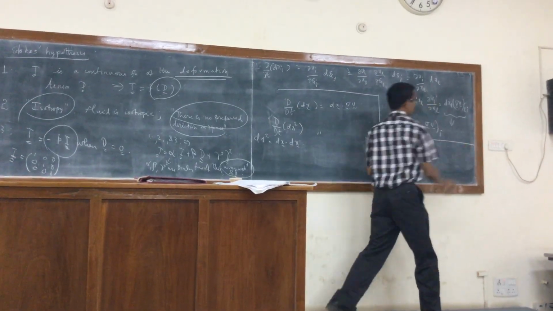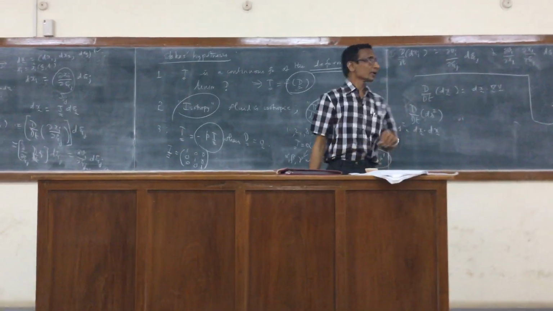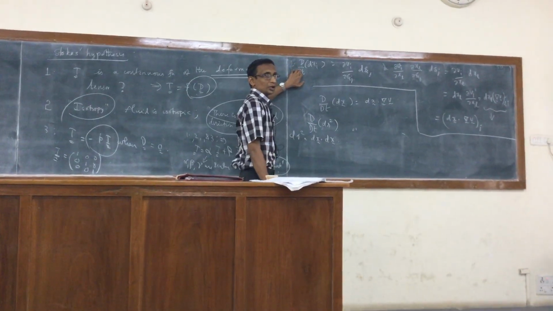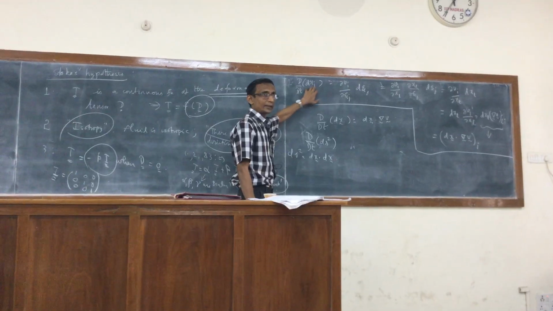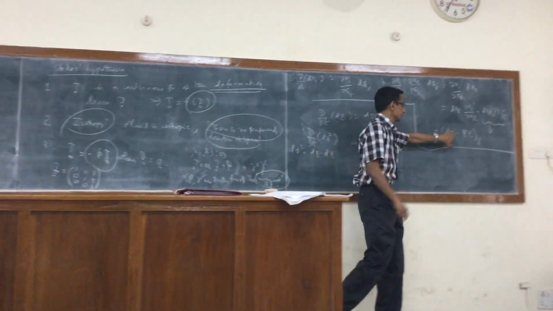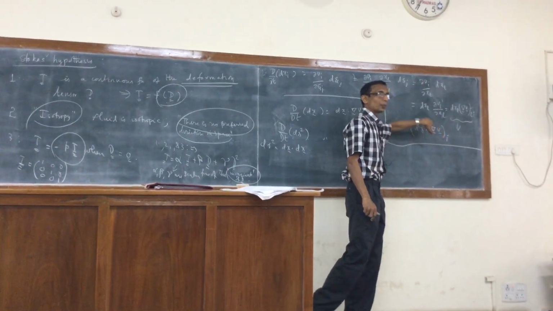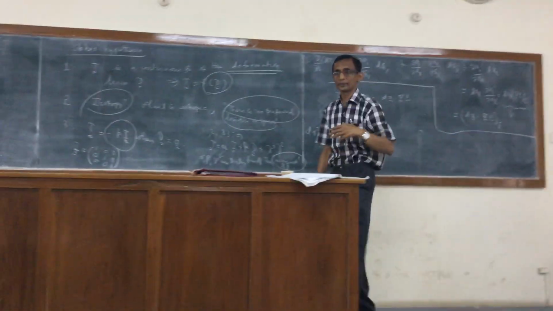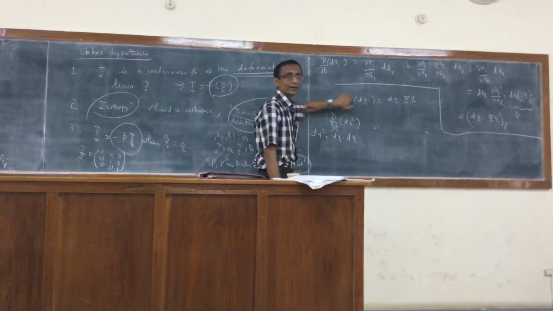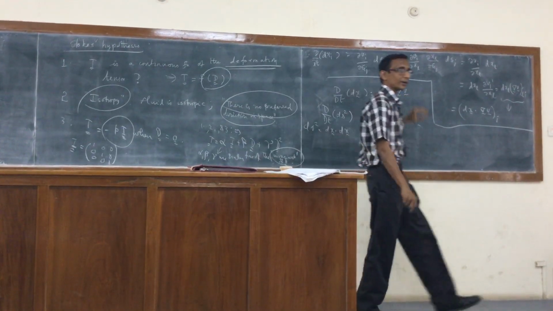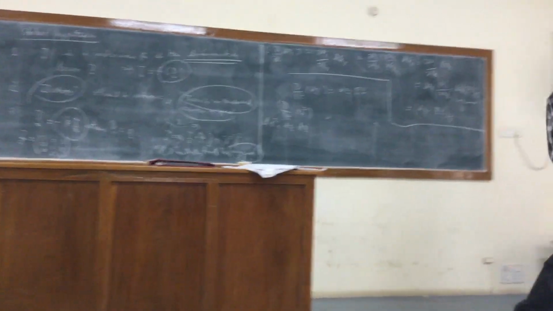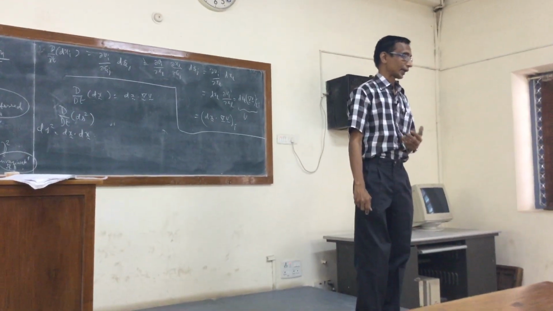That's the ith component. So I've taken the time rate of change of dxi, that's the ith component of dx, is given by the ith component of dx dotted with the velocity gradient tensor. So I can write the vector expression as d by dt of dx is equal to the vector dx dotted with the velocity gradient tensor.